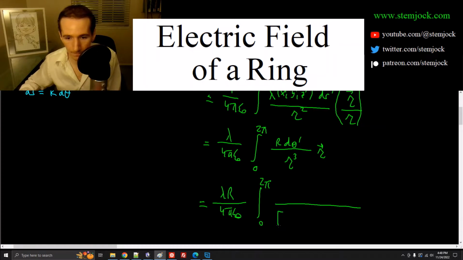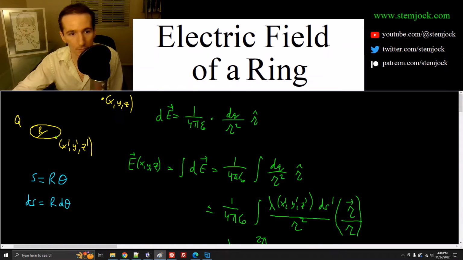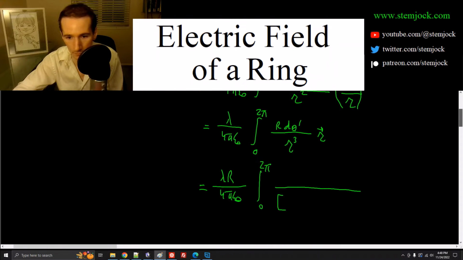So the distance between these points, I take the vector xyz, and I subtract from that the position vector x prime, y prime, z prime. So we always subtract the from vector.